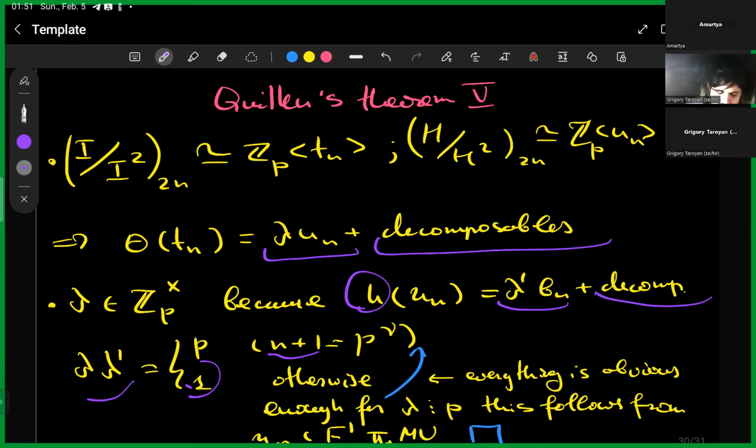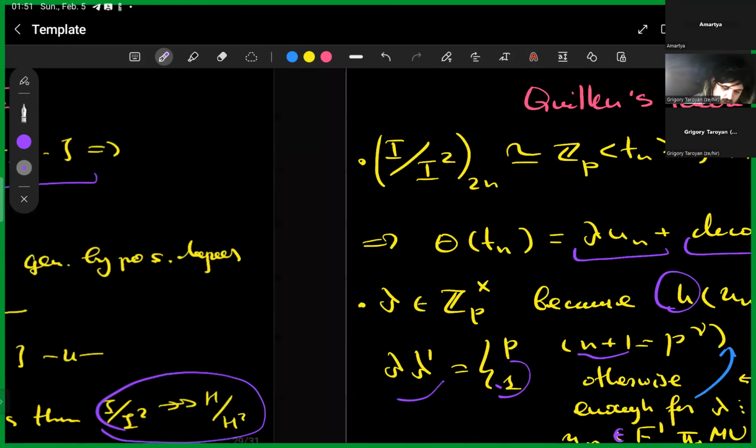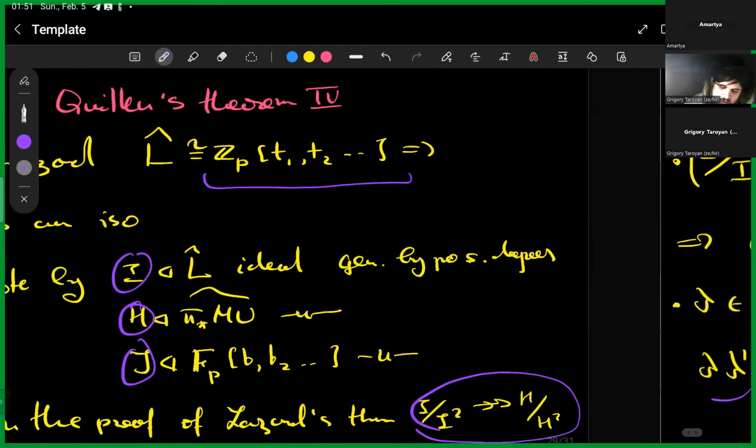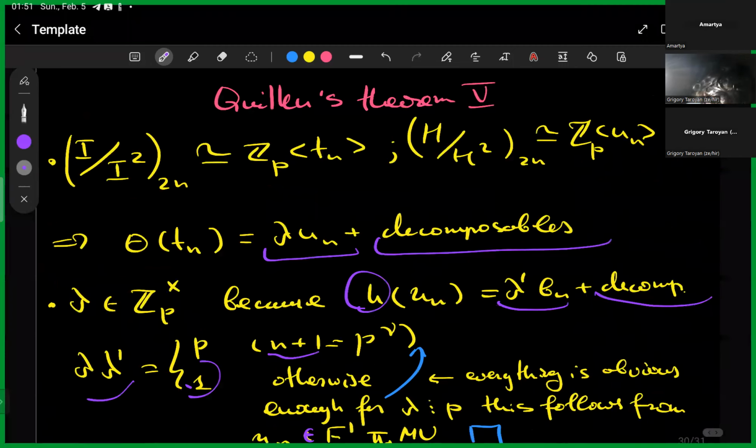But this immediately follows from the fact that Un is contained in the first term of the Adams filtration on homotopy groups, and we saw that the Adams filtration is commensurate with the p-adic filtration, meaning that lambda is divisible by p. Okay. So this proves Quillen's theorem, I guess.